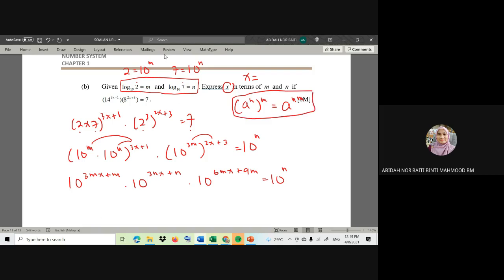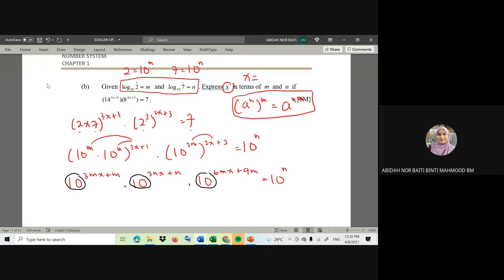Okay, sekarang ni apa yang kamu nampak? Kamu nampak apa? Same base. Semua base sama. Base 10. And darab. So apa yang kita boleh buat?